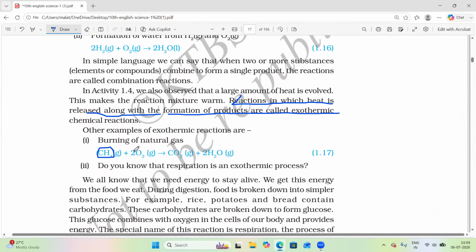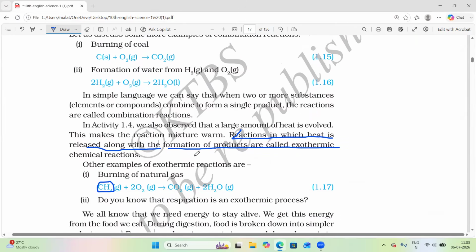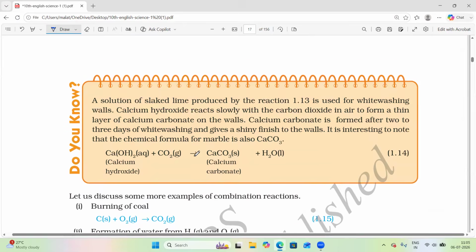When it reacts with oxygen, it will give carbon dioxide plus H2O. There we will observe heat. The liberation of heat takes place.